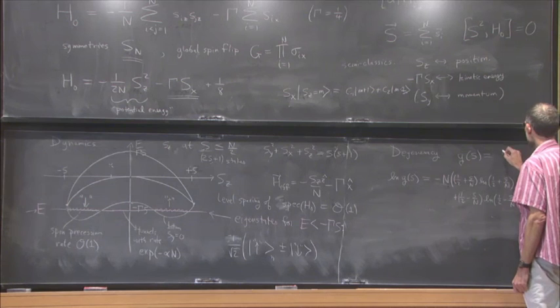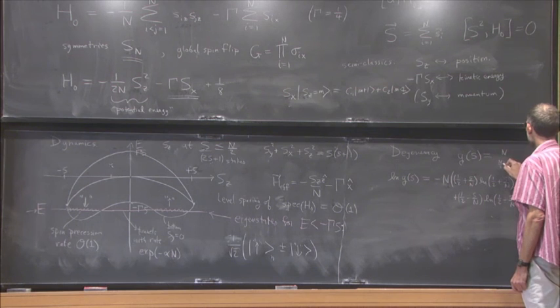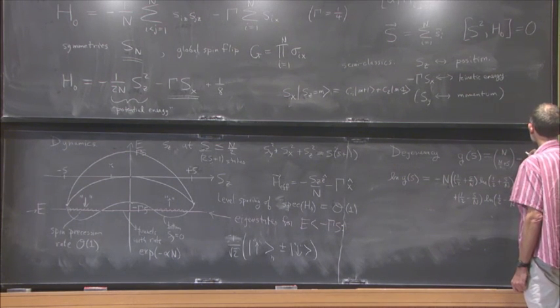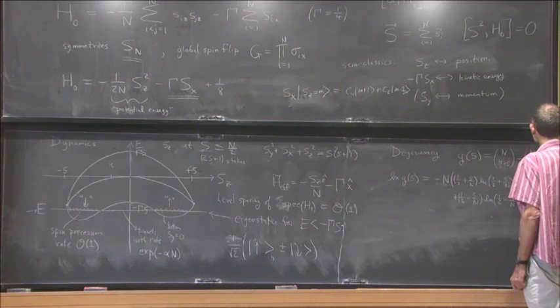So it's n choose n over 2 plus S. Well, I might not have this right.